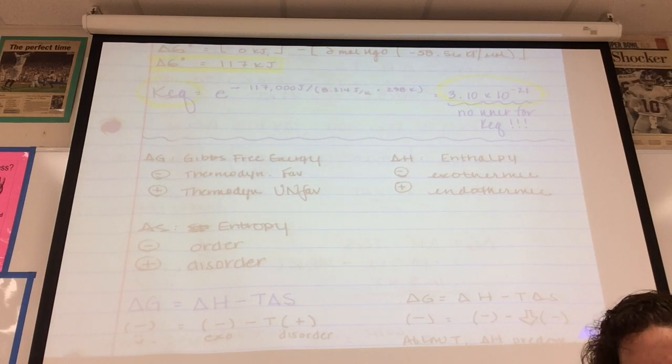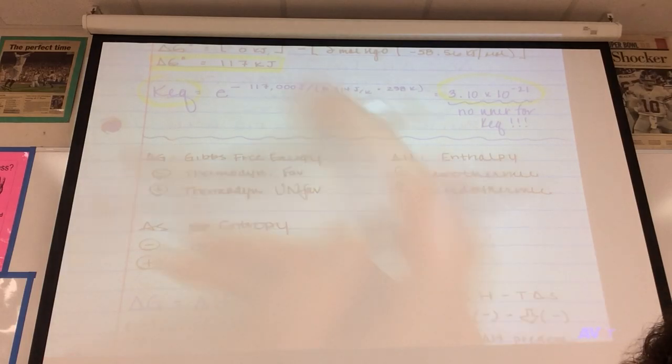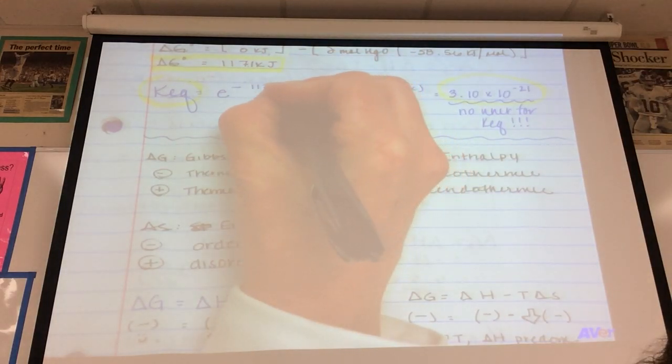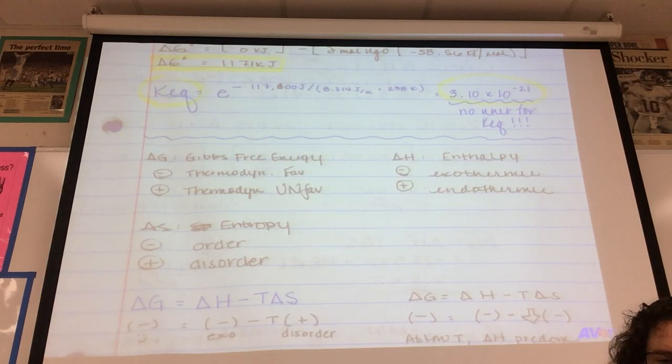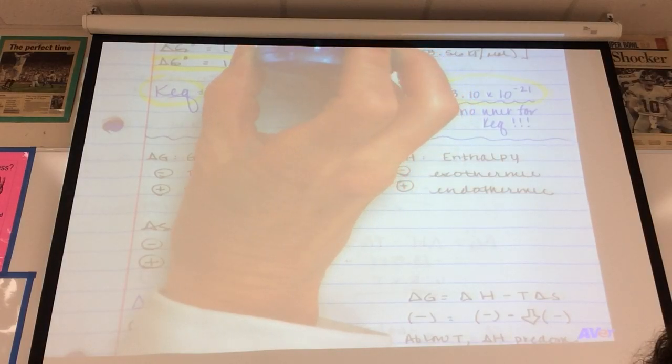Why is it negative? This maybe should have been 0.1, and then you would have kept the 1 here. But it doesn't make a difference. I think it's easier to just leave it. I'll take either answer.